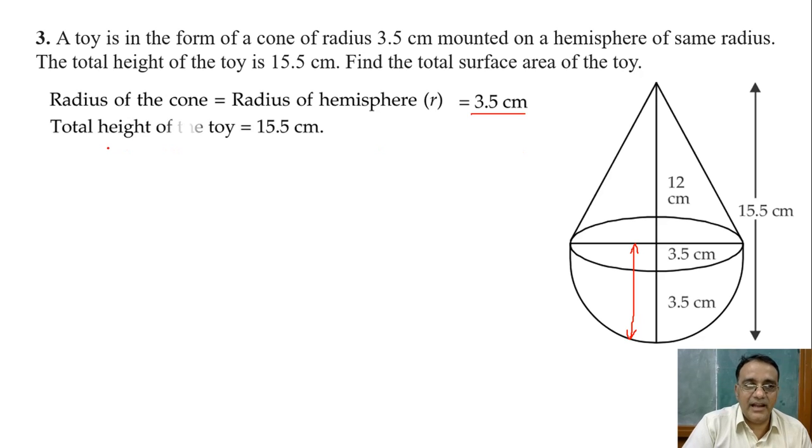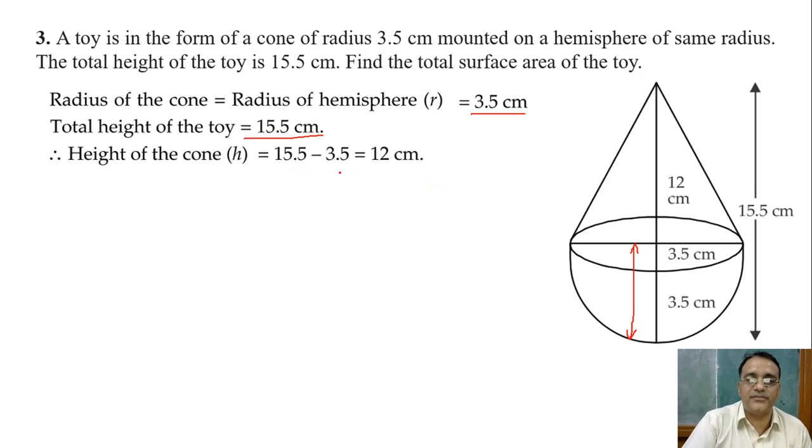Okay, and total height is given 15.5 centimeter. So height of the cone will be 15.5 minus 3.5. That is 12 centimeter. Okay, and just now I told you that the total surface area will be equals to curved surface area of cone plus curved surface area of hemisphere.